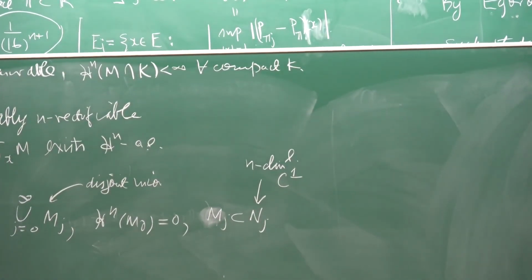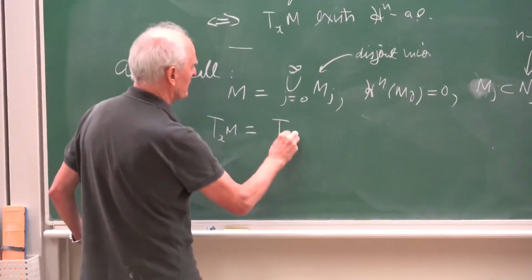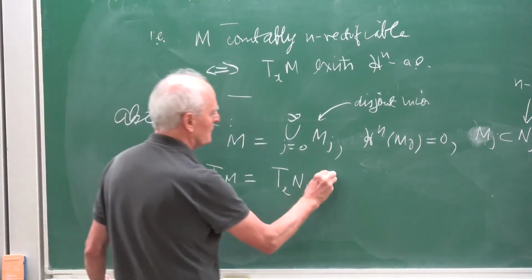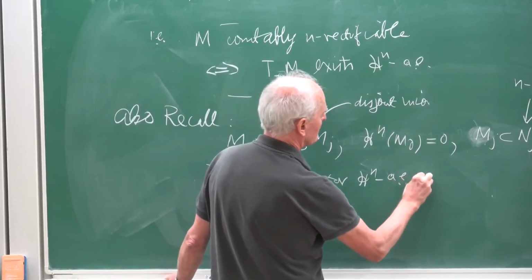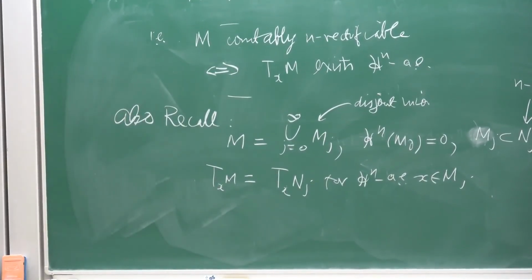We checked that T_x M exists and equals T_x N_j for H^n almost every x in M_j. So they're the main things. These are very useful properties.